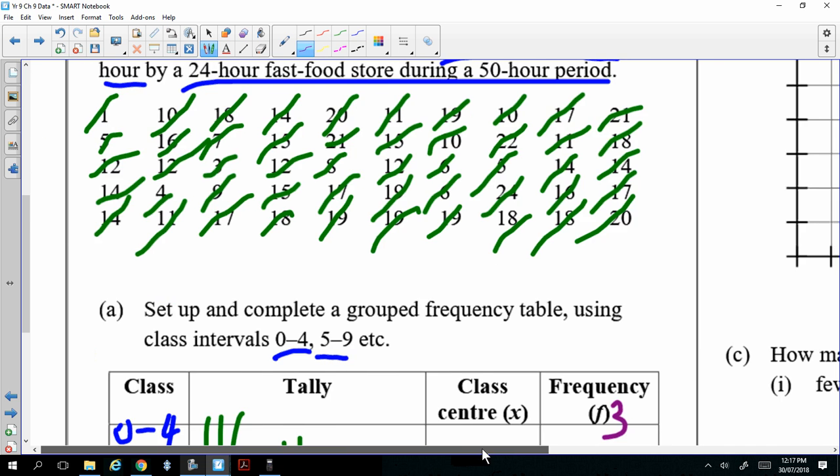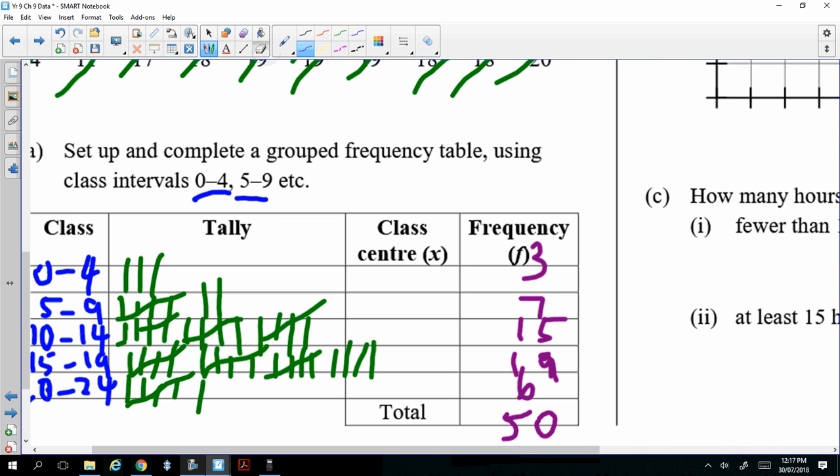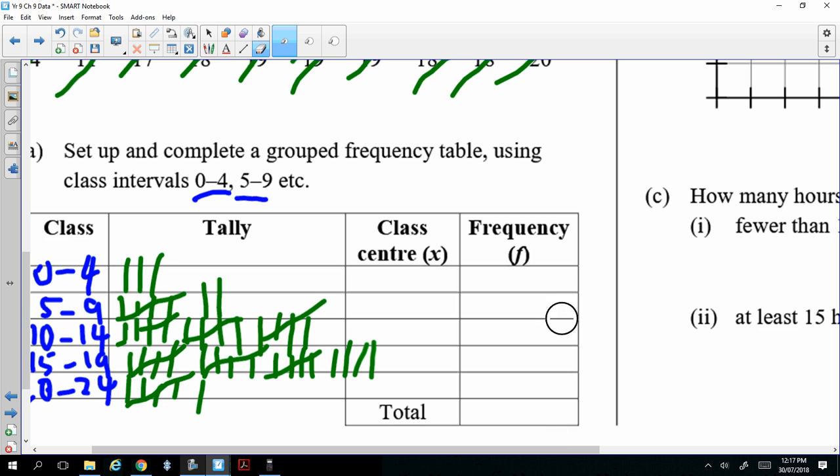Okay, let's correct this. Let me write it again. 3, 7, 15, 19, 6, and the total should be 50 because we recorded 50 hours.